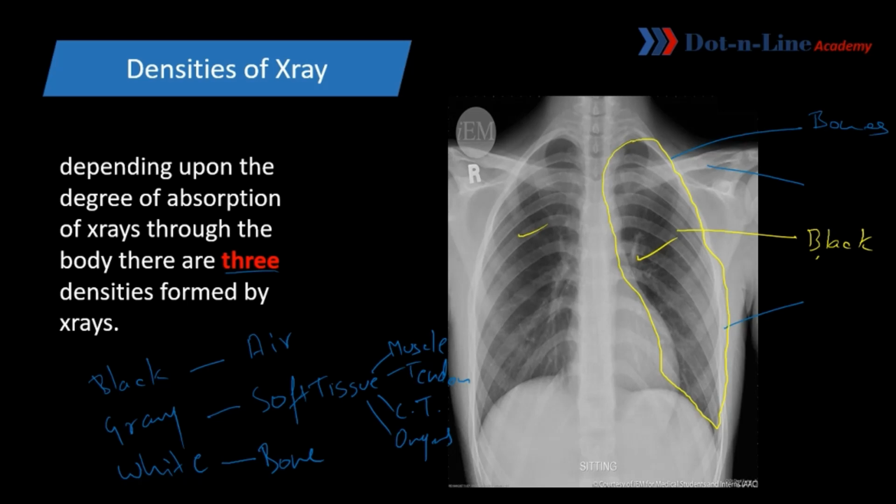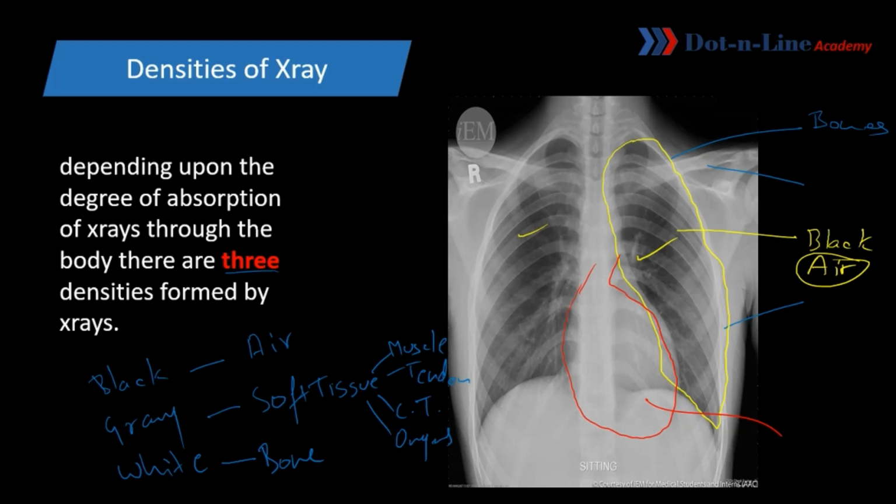And third, the shades of gray. The shades of gray are here. You can see this heart. This heart is grayish in color, showing you the outlines. It is heart, it is gray.